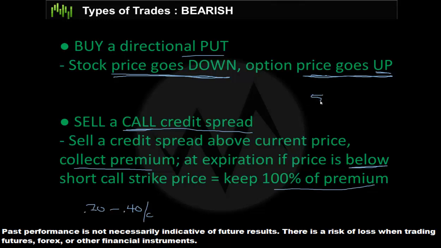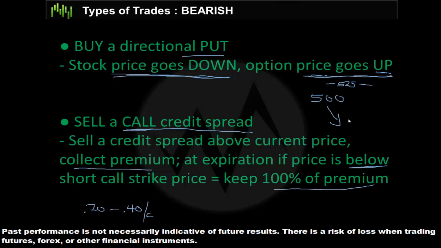Amazon is currently trading at 500. I believe it's going to fall, so I write the call credit spread at 525. That's what I call the short strike. I want prices to stay below 525, so as long as it stays below 525, I get to keep the $20 to $40 per contract.